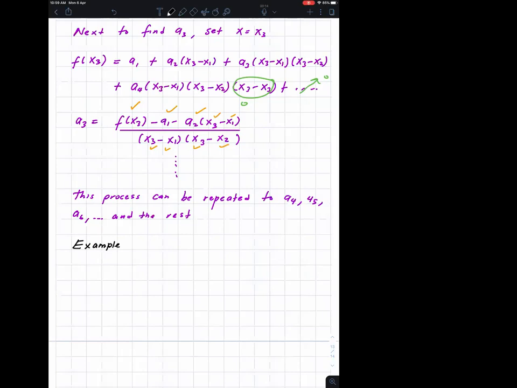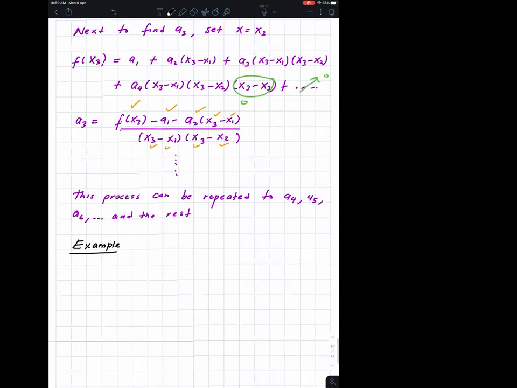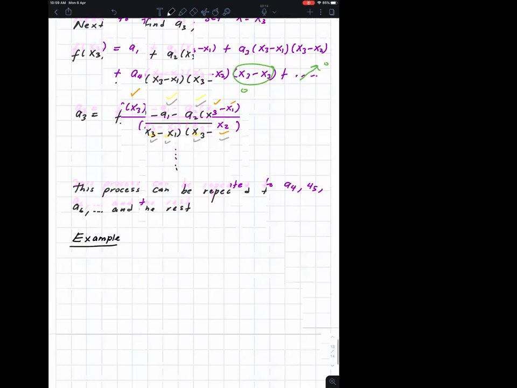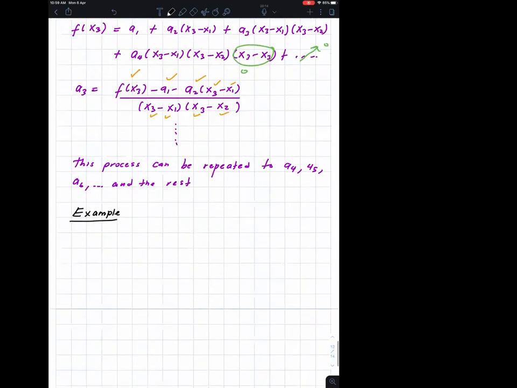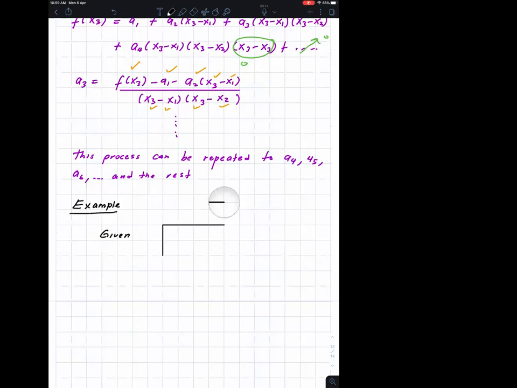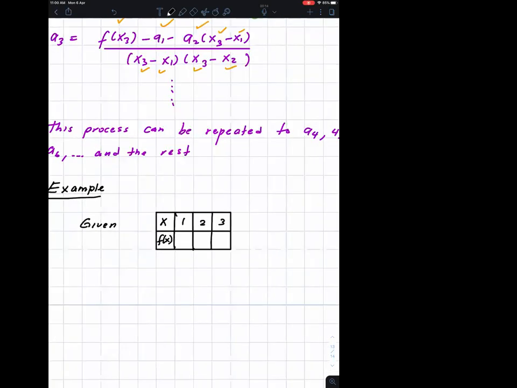Example. Given data 1, 2, and 3. When x is 1, fx is 1.